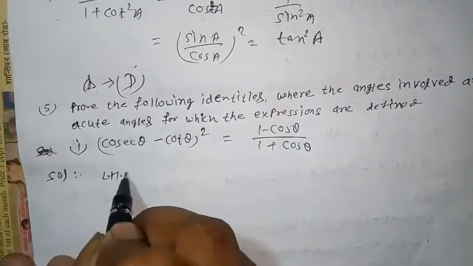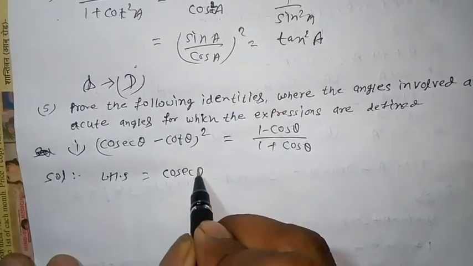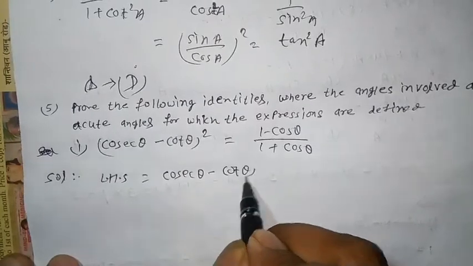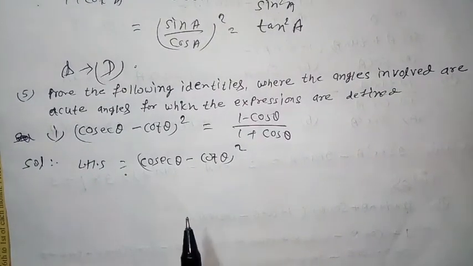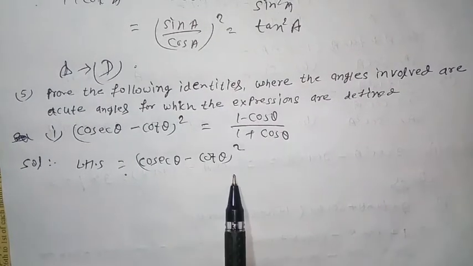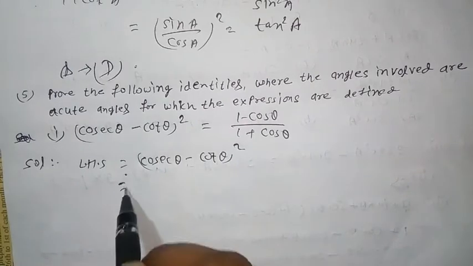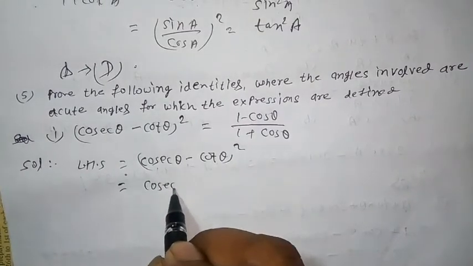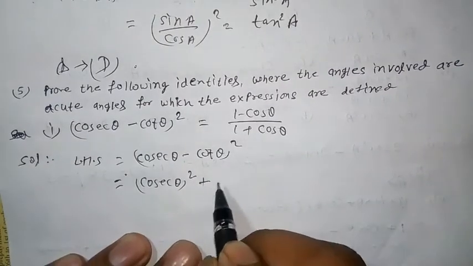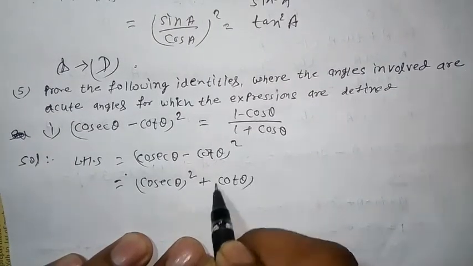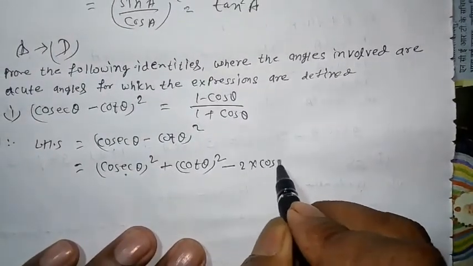LHS, left hand side, is equal to (cosec theta minus cot theta) the whole square. According to the algebraic formula, (a minus b) the whole square is equal to a square plus b square minus 2ab.